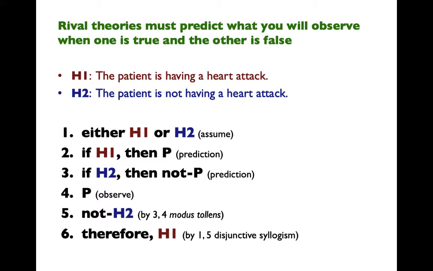If they're not having a heart attack, then we predict a non-erratic or normal EKG. So we actually observe an erratic EKG, which means hypothesis 2 is ruled out because it predicts a normal EKG. And so we accept tentatively H1, namely, the patient is having a heart attack.